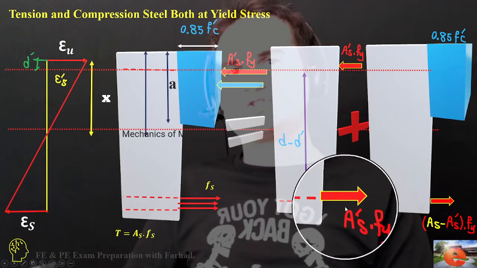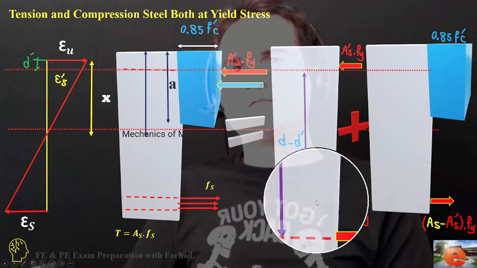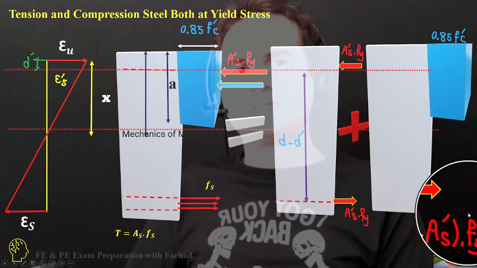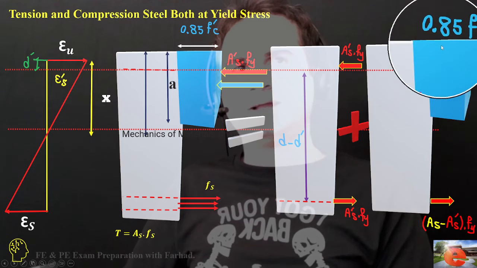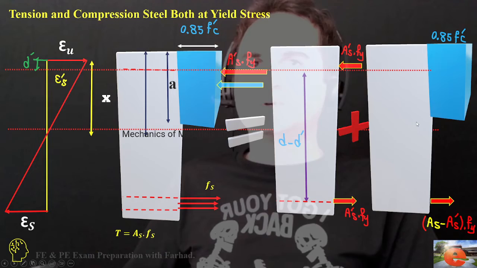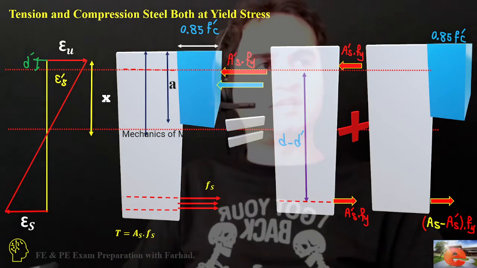Each one of them includes a couple: one is A'_s times f_y, and the other is A_s minus A'_s times f_y with a compressive concrete block. Each of them develops its own couple.